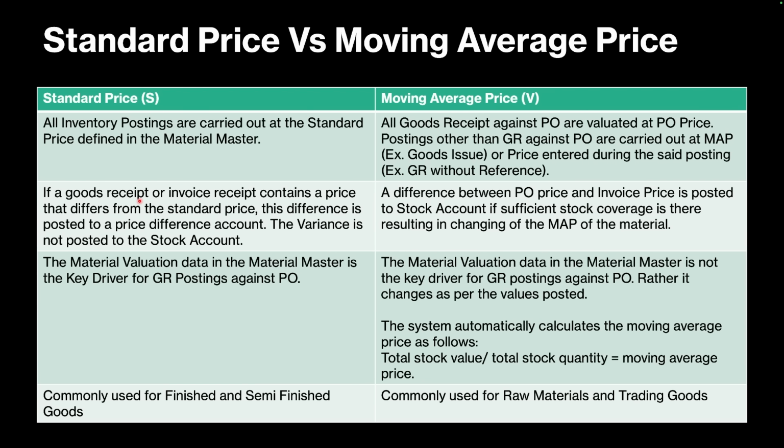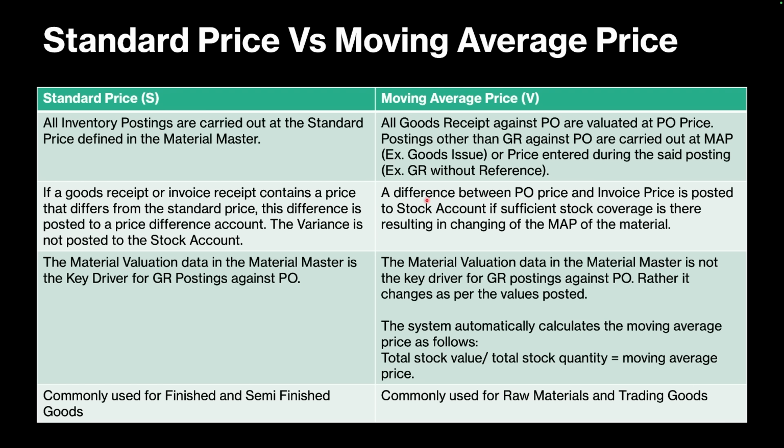The system will post the goods receipt value at the standard price only, and the differential amount the system will post to the price difference account. Similarly, when you post an invoice receipt and there is a variance between PO and invoice, then that variance also the system will not post to the stock account. The system will post that to the price difference account.